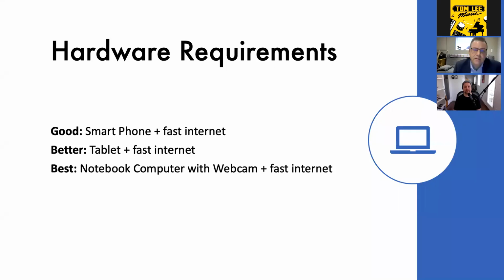The audio quality, particularly, is not as good as you can get on a notebook computer or a desktop computer. The video quality is generally pretty good depending on which video conferencing platform you're using. And again, it's a little bit difficult to share content.